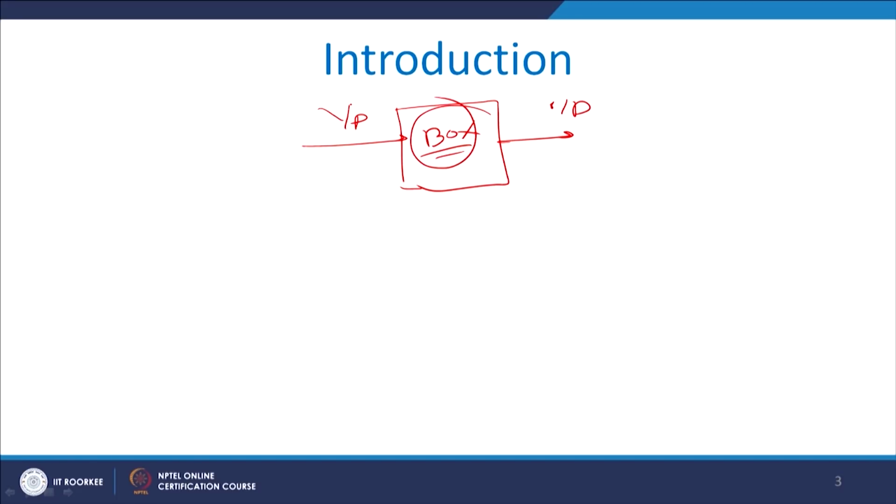The most important point is that in a state space model we have input and output, and let us say this is a box. In this particular box some states are present, some information is present, and that information is to be utilized to get the proper output.